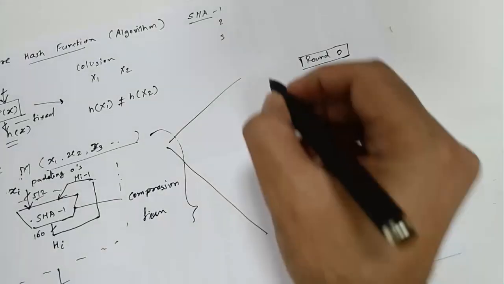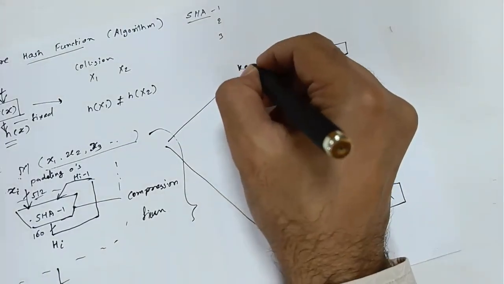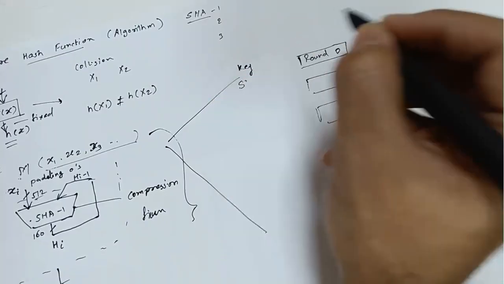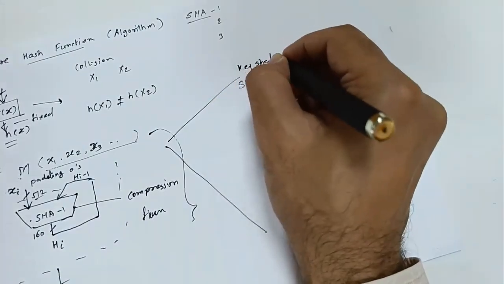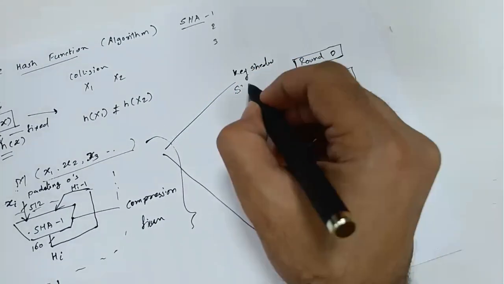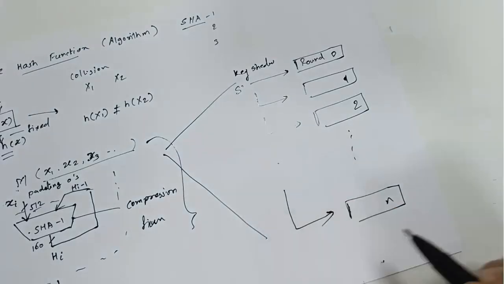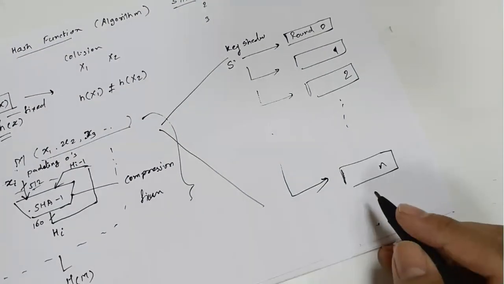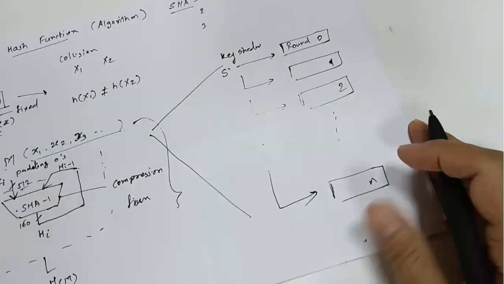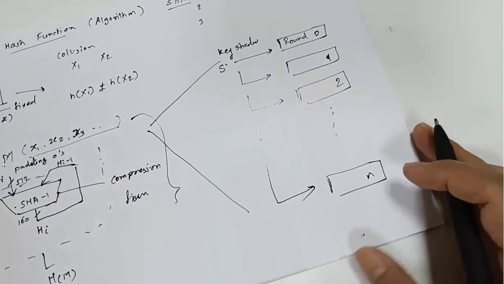And for each one, you have a key schedule, right? So you provide a separate key for each round. This is what the Feistel structure usually is.